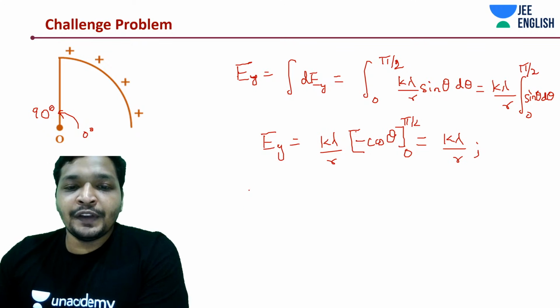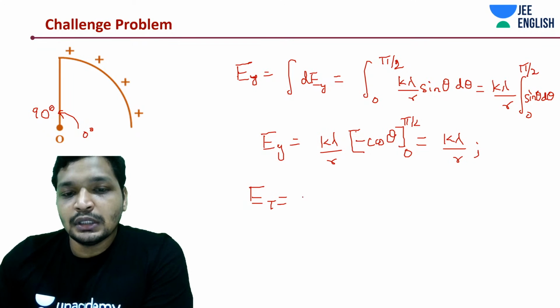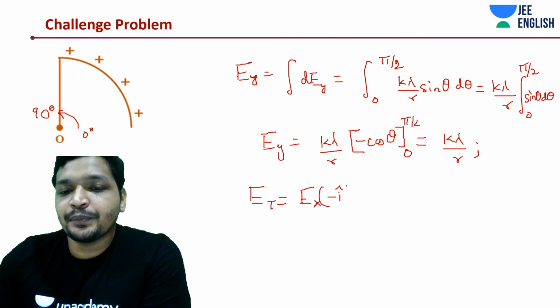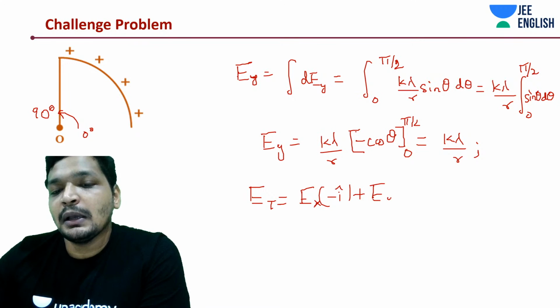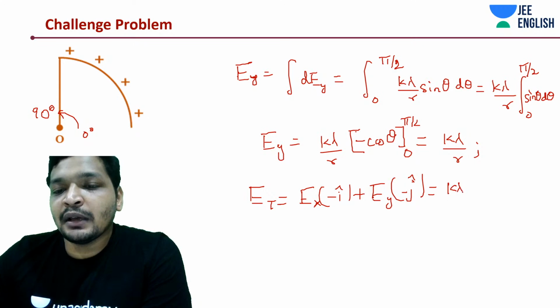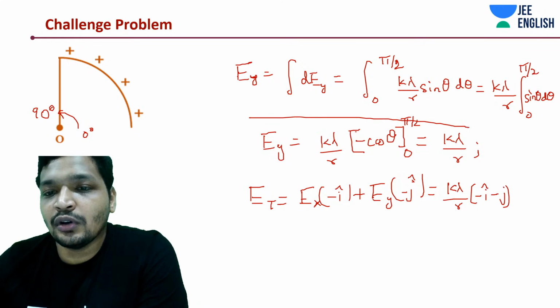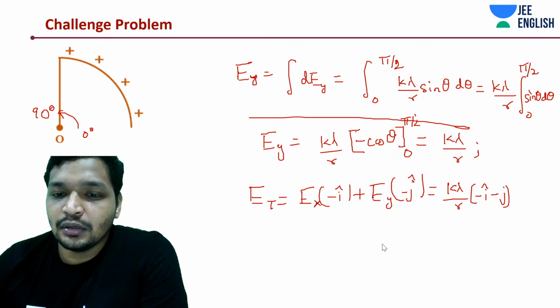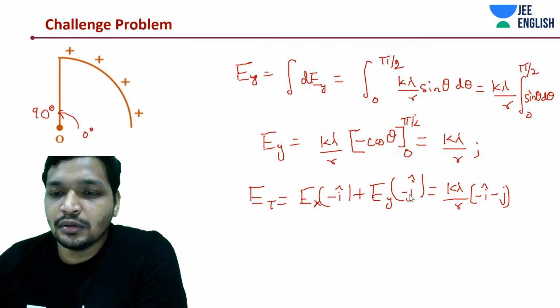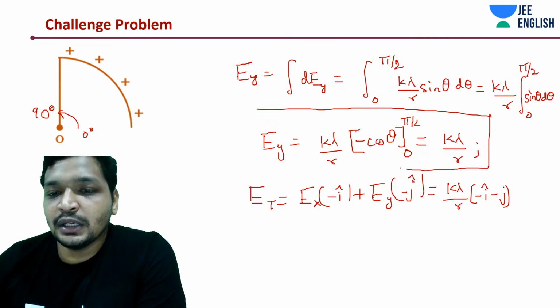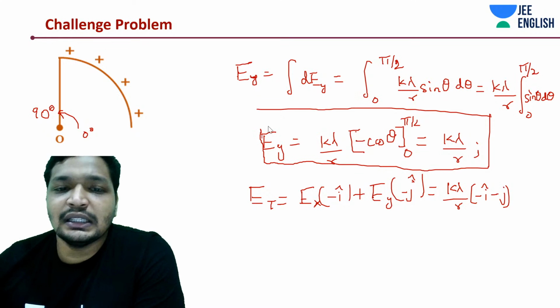But what is your total field? In this case, Ex, we didn't assign the sign, so it's minus i cap plus Ey, minus j cap. What does that give you? k lambda by r common, minus i cap minus j cap. If you remember, this is what we also obtained earlier. Your sign should also be clear, students. Take a little time, just try to understand it.